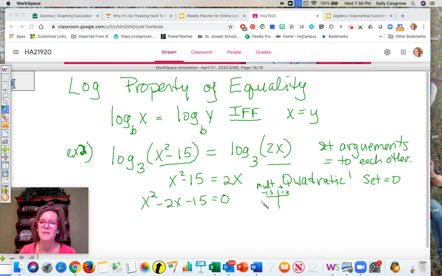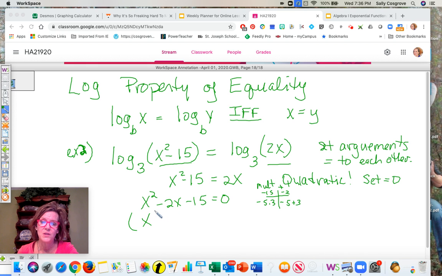And hopefully it doesn't take too long before you realize, hey, negative 5 times 3 is negative 15, and negative 5 plus 3 is negative 2. Shazam! We're done. Because I don't have a leading coefficient of anything greater than 1 to worry about. I don't have to do factor by grouping. I don't really even have to do the box method.